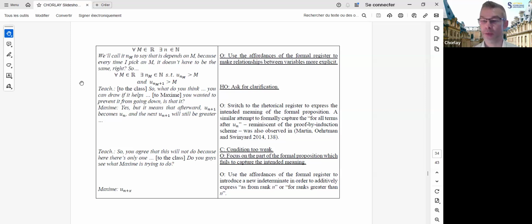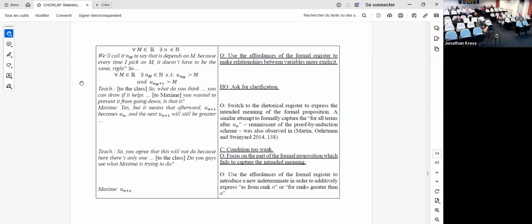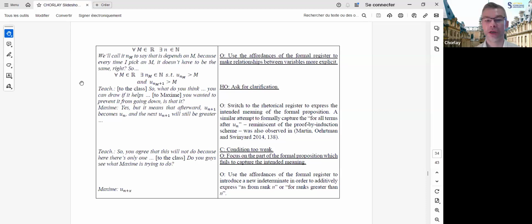So this we had not anticipated, but students had been taught mathematical induction and proof by induction shortly before, and even though we hadn't thought about it, they used this knowledge of proof by induction as a resource for their tinkering with the candidate definitions for the infinite limit. So of course, this is incorrect. But what he meant to say was that what happened at rank n will happen onwards if we have n and n plus 1.